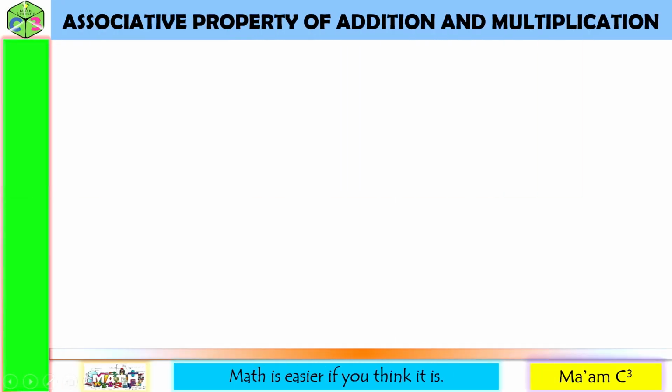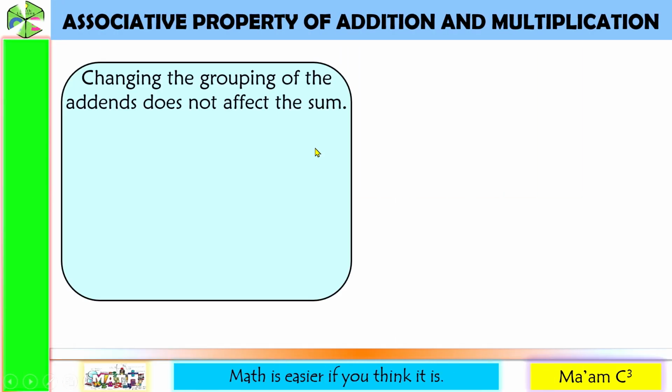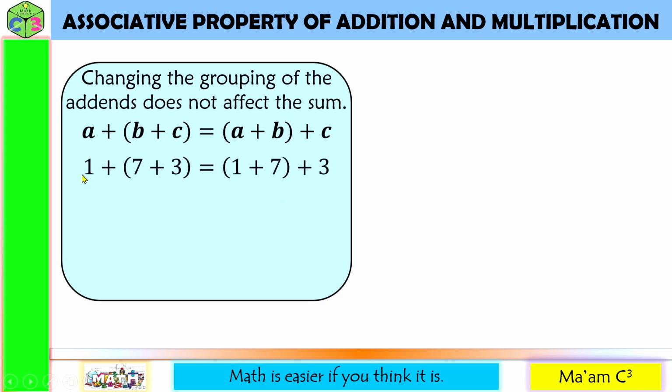Next property is associative property. Changing the grouping of the addends does not affect the sum. In symbols, A plus quantity B plus C equals quantity A plus B plus C. Let's have an example. 1 plus quantity 7 plus 3 is equal to quantity 1 plus 7 plus 3. 7 plus 3 is equal to 10, so this will be 1 plus 10. 1 plus 7 is equal to 8, so this will be 8 plus 3. 1 plus 10 is equal to 11. 8 plus 3 is also equal to 11.